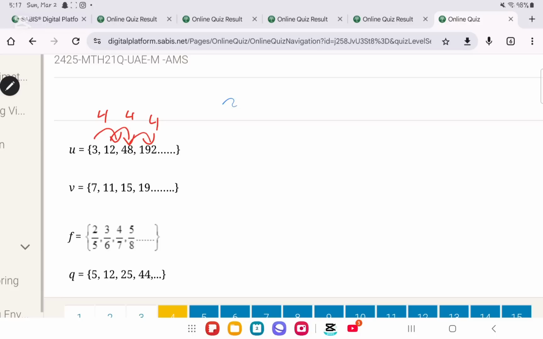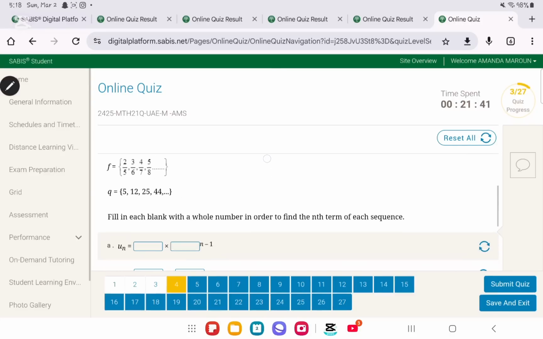And the rule for a geometric sequence is that un is equal to u1 times the ratio, the constant thing being multiplied, to the power of n minus 1. So if we're going to apply it, we have un, we need to find it. It is equal to u1, we know that u1 is 3, times 4, which is the ratio that's being skipped, to the power of n minus 1. And just like that, we found the first one.